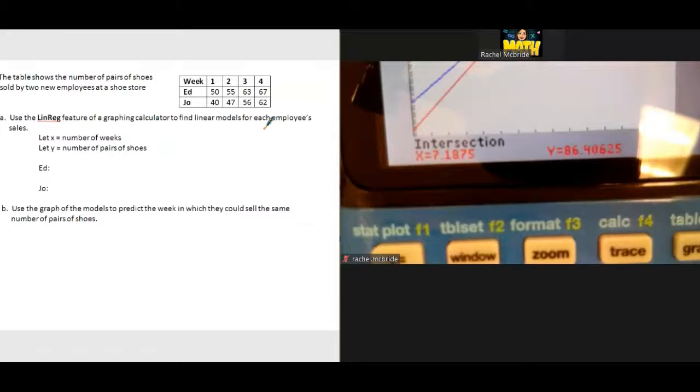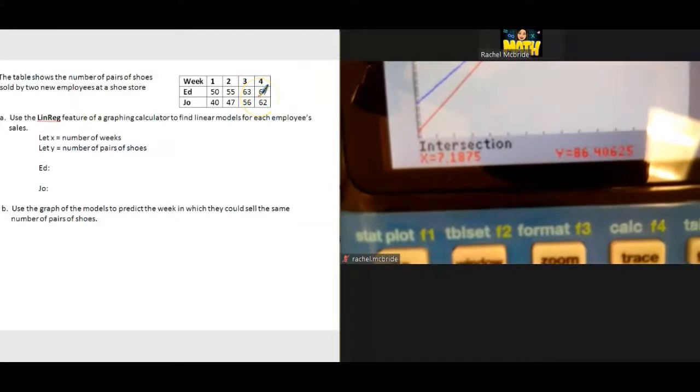So right now, Ed's beating Joe, but Joe's catching up. So at week 7, they will sell the same number of shoes, which was question B. Use the graphs to predict the week, so it's week 7, that they sell the same number of shoes. So during week 7, they will both sell around 86 to 87 shoes.